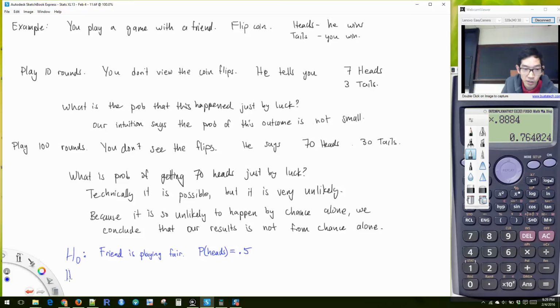The alternative hypothesis is that the friend might be cheating, and that the probability of heads has been altered to be greater than 0.5. Okay?